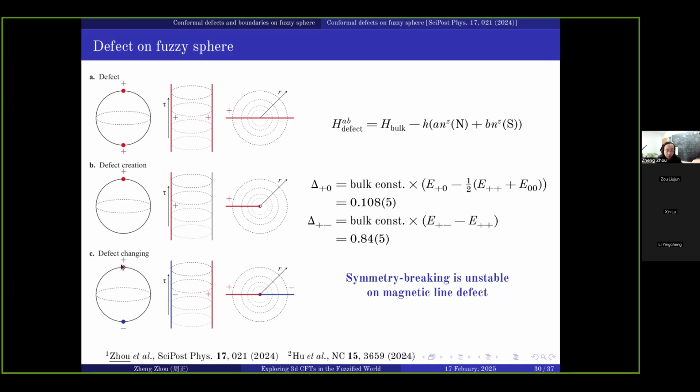And if we polarize the north pole and south pole towards different directions, this corresponds to the defect changing operator. And we can calculate their scaling dimensions by a similar technique of state-operator correspondence. And we find that the defect changing operator is relevant, which means the symmetry breaking is unstable on the Ising magnetic line defect.